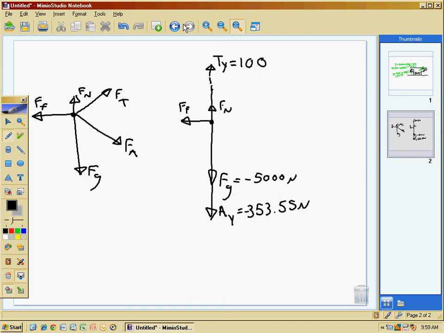All right, so the force of friction is to the left. Now to the right, what do we have? We have a force applied. We have an X component of tension, and we have the X component of the applied force, correct? Okay, so we'll put both of those. The X component of tension was 173.